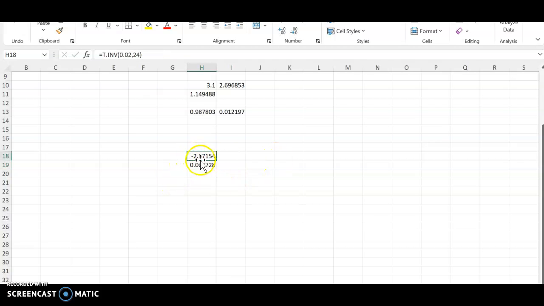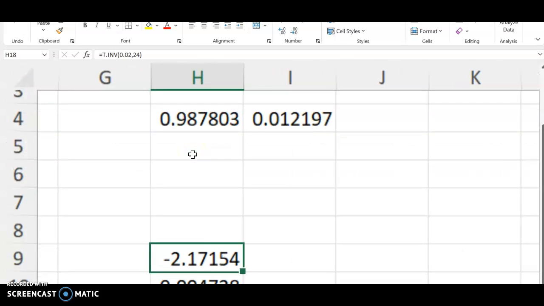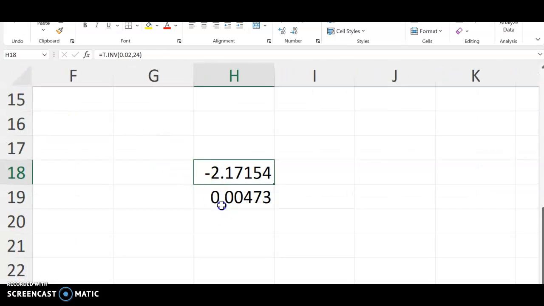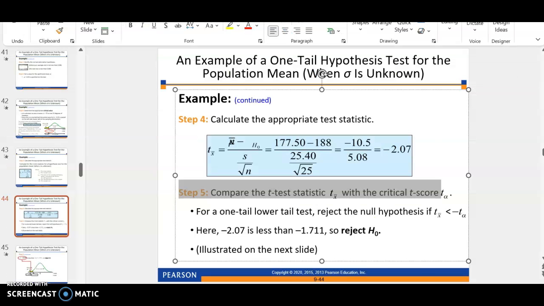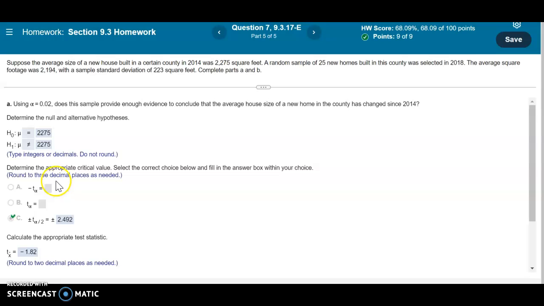So our critical value would be this number negative and this number positive. So negative 2.172 and positive 2.1. And I obviously did something wrong here.